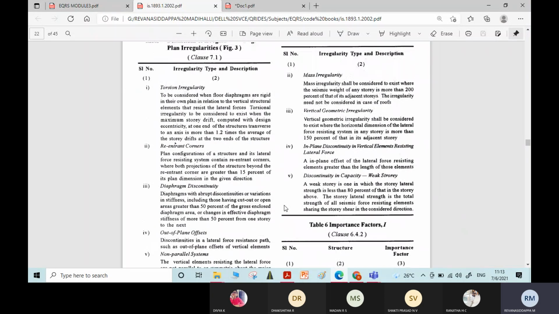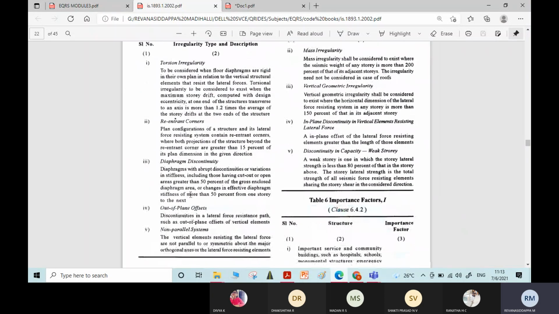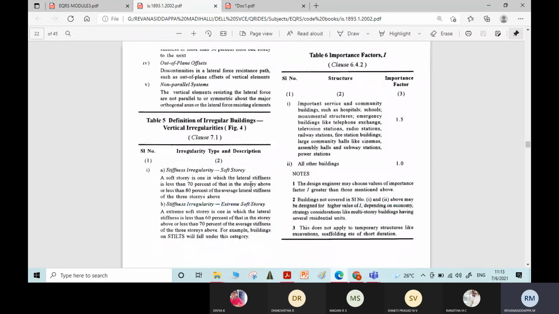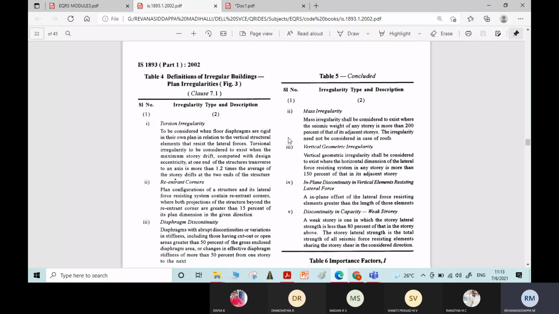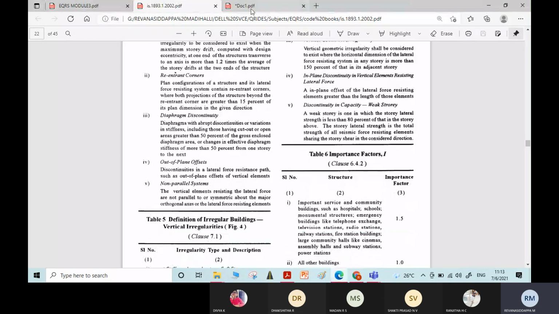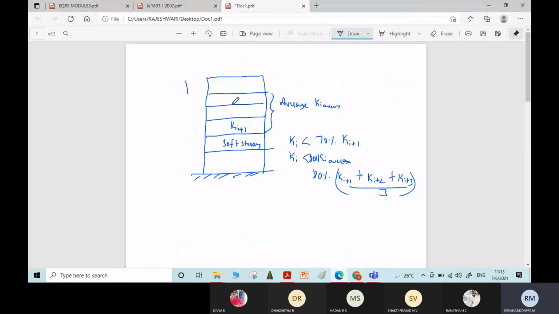Next is mass irregularity. Mass irregularity shall be considered to exist where the seismic weight of any story is more than 200% of the adjacent story. Similarly, here, M is the seismic weight of the ith story.